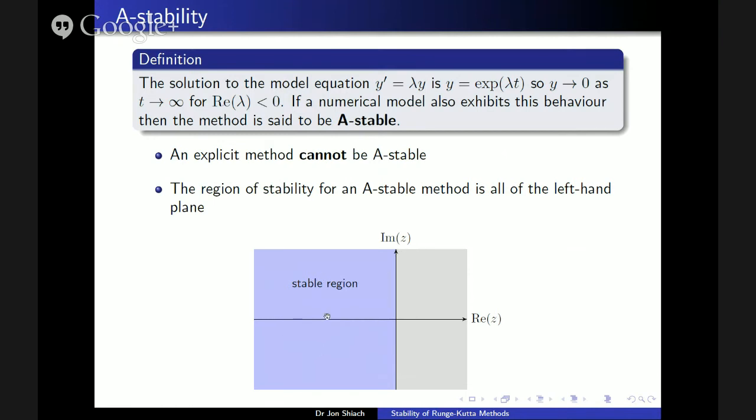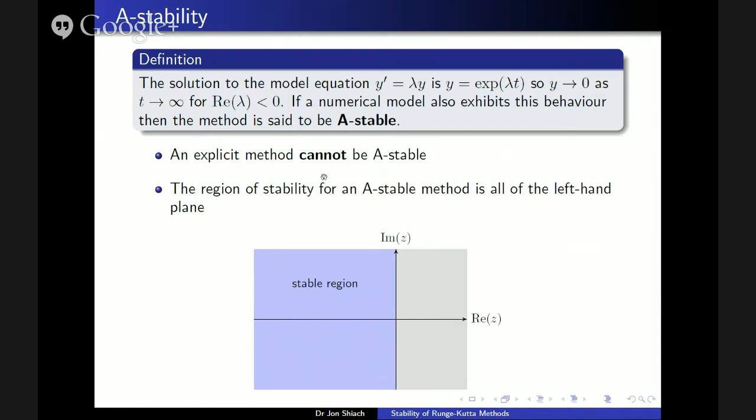That means there's no restriction on your step length, which is brilliant. It means we can cut down significantly on the number of calculations we have to perform. Of course, implicit methods are more computationally expensive than explicit methods, but they have better stability, so we can use fewer steps. That's essentially what A-stability means.